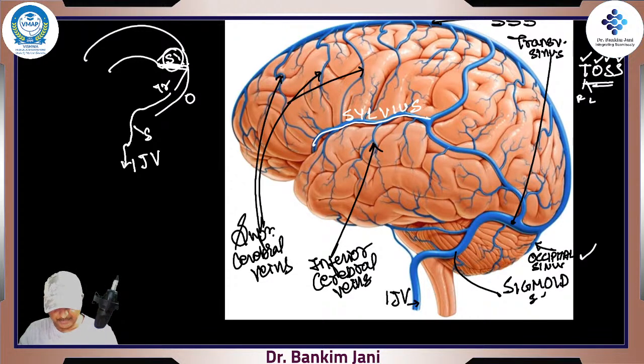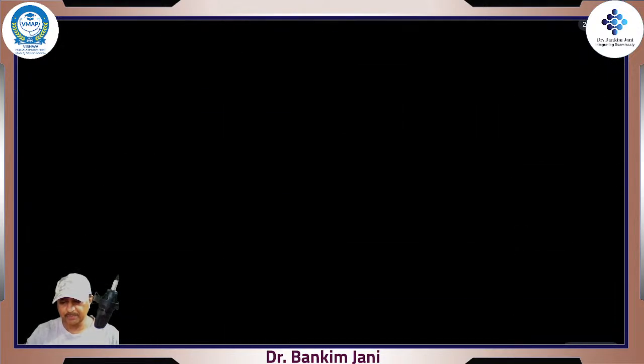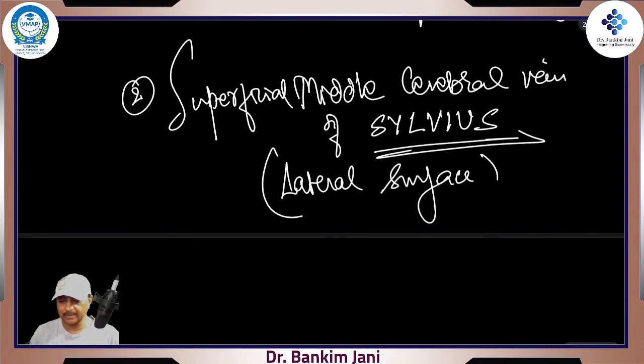So superior cerebral, inferior cerebral, and the middle cerebral vein. Now this middle cerebral vein, the Sylvius, where will it be draining? This is pretty interesting. This will be draining into the cavernous sinus.